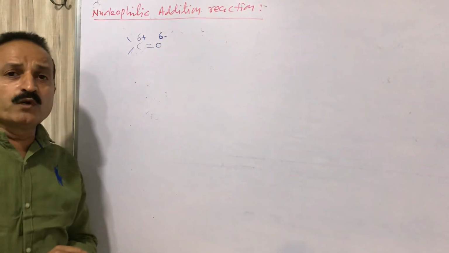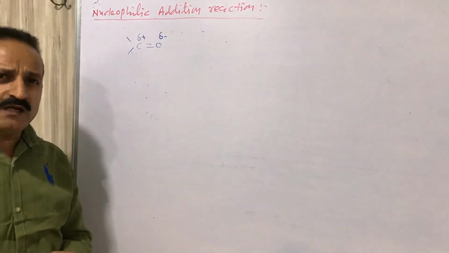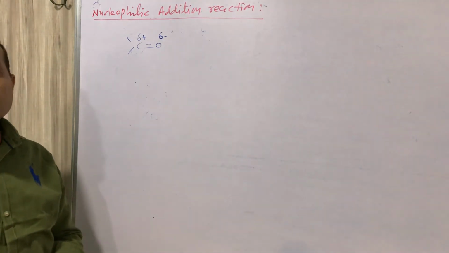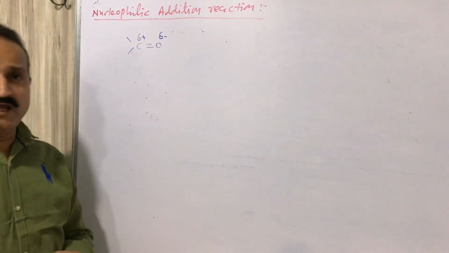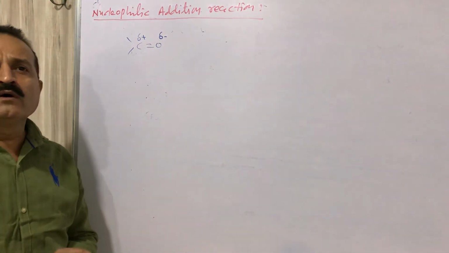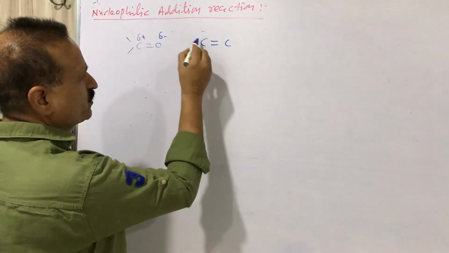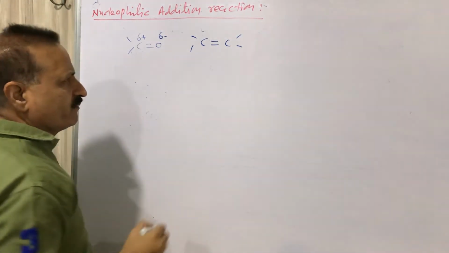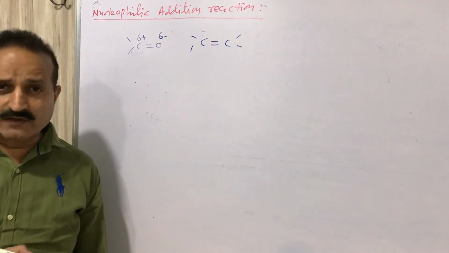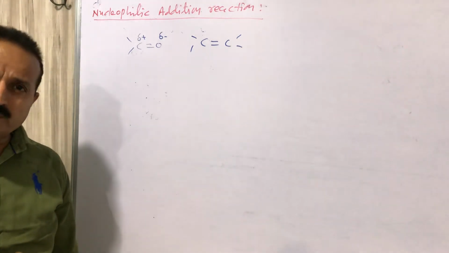So there is a polar bond between carbon and oxygen, and carbon is less electronegative, so it will become partial positive while oxygen will become partial negative. So if there is a double bond, it will definitely give an addition reaction. We can discuss the alkene. In alkene also there is a double bond between carbons, but there is no electronegativity difference. While in the carbonyl group there is an electronegativity difference.